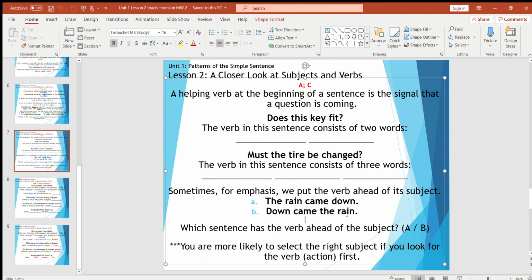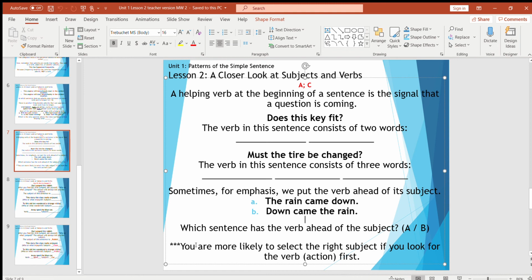Why would they do that? Just to change things up a little bit, make it more interesting. It sounds more interesting, right? Down came the rain. It sounds more dramatic than the rain came down. Like I said last week, you are much more likely to select the right subject if you look for the action verb first.